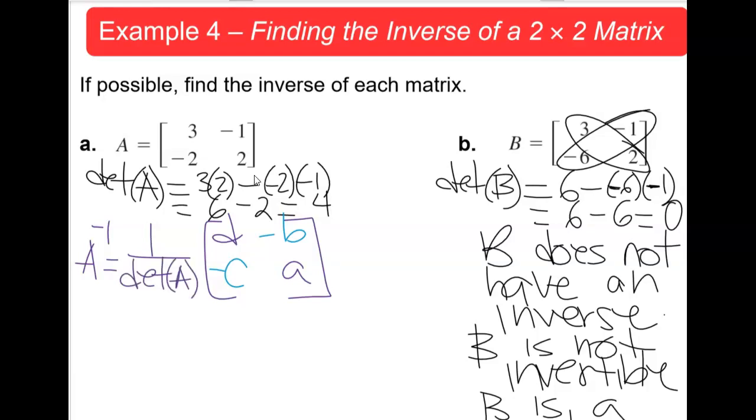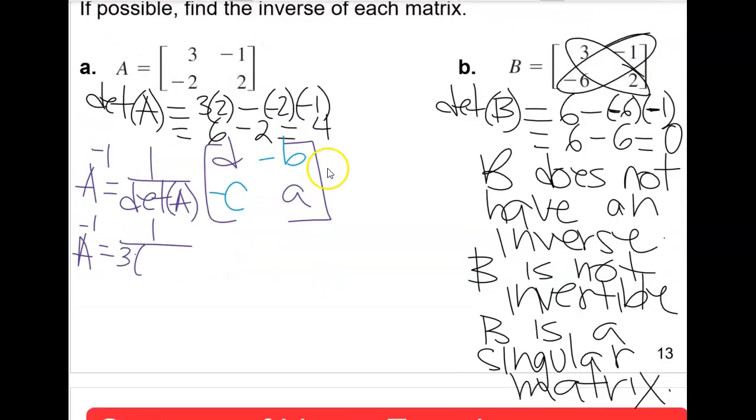Okay, so the next step will be 1 over the determinant, which is the product of 3 times 2. We already have it, I'm just writing it again: 3 times 2 minus -1 times -2. This is going to give us a constant, a fraction, and that constant is going to be multiplied by those numbers.